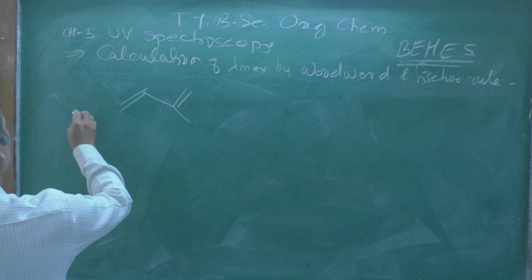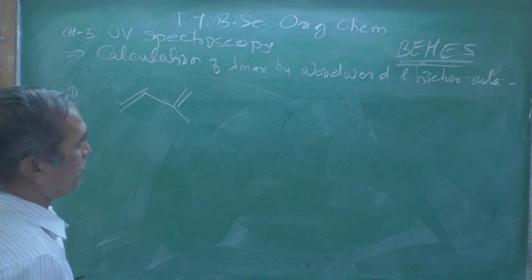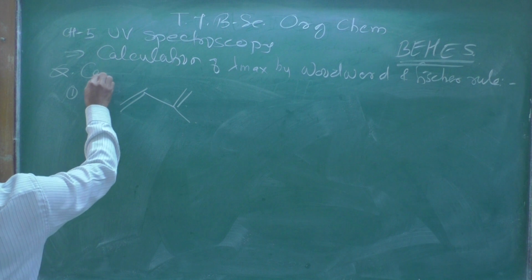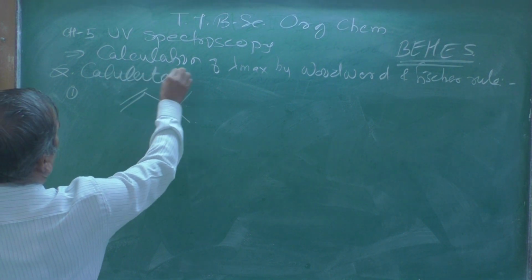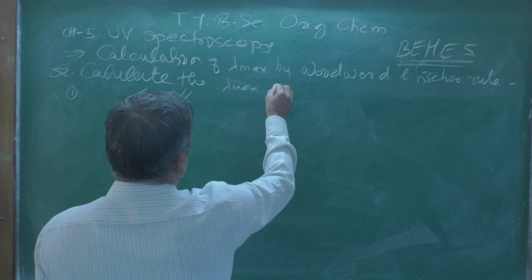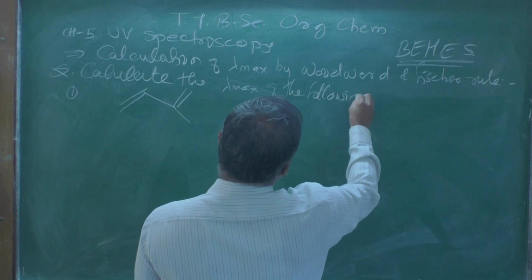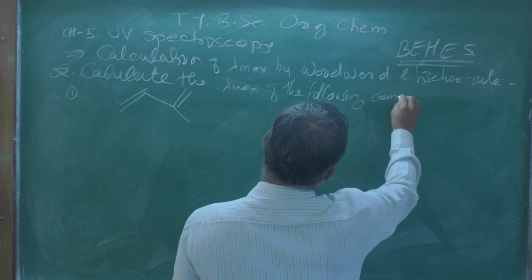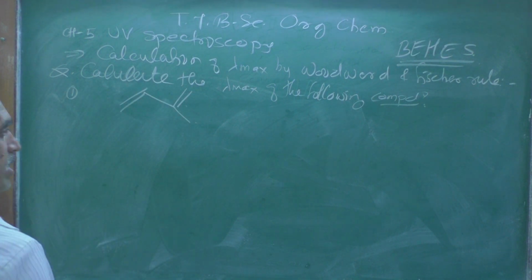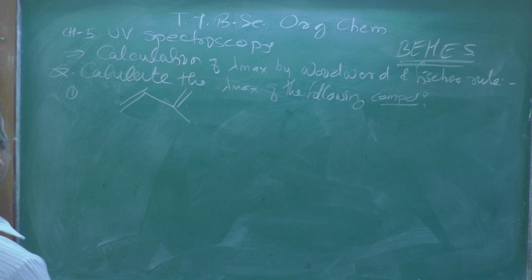The question is like this: calculate the lambda max of the following molecule or following compound. So see, this is one of the structures, or it is a compound.